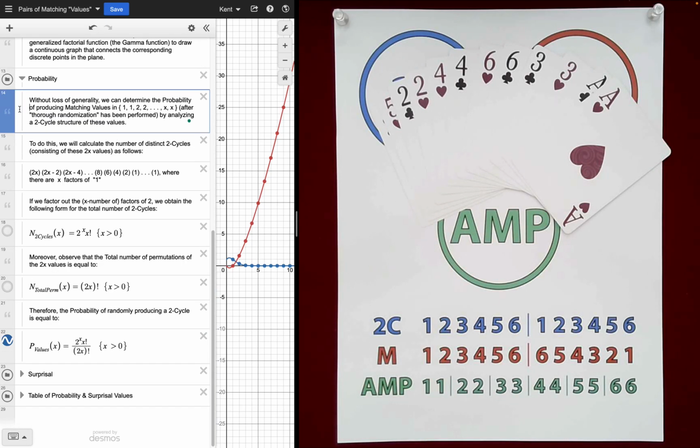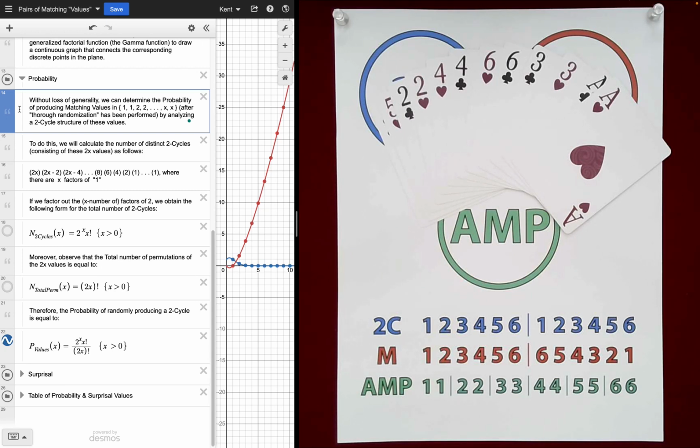Without loss of generality, we can determine the probability of producing matching values in this multiset after thorough randomization has been performed by analyzing a two-cycle structure of these values.